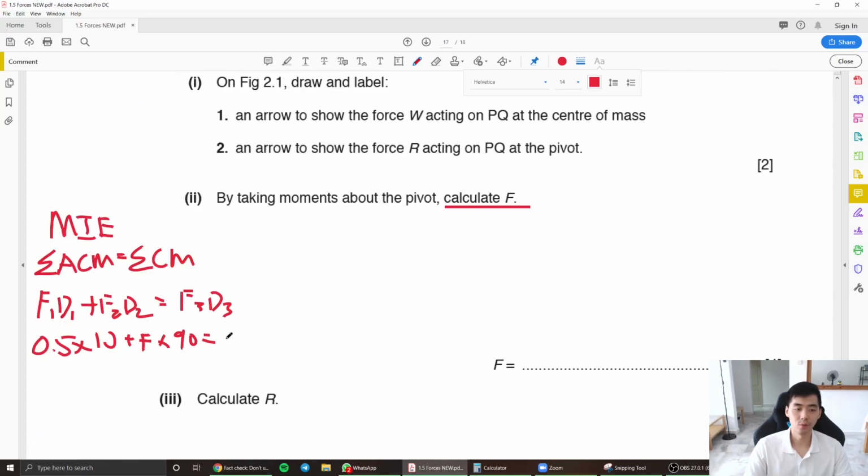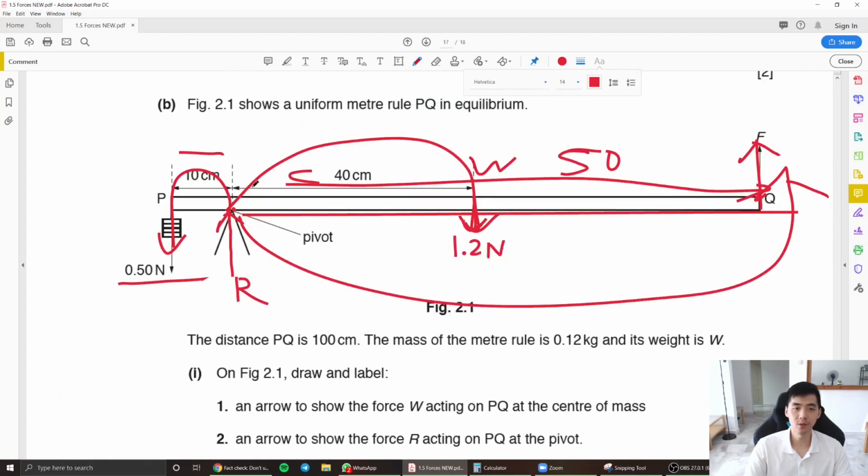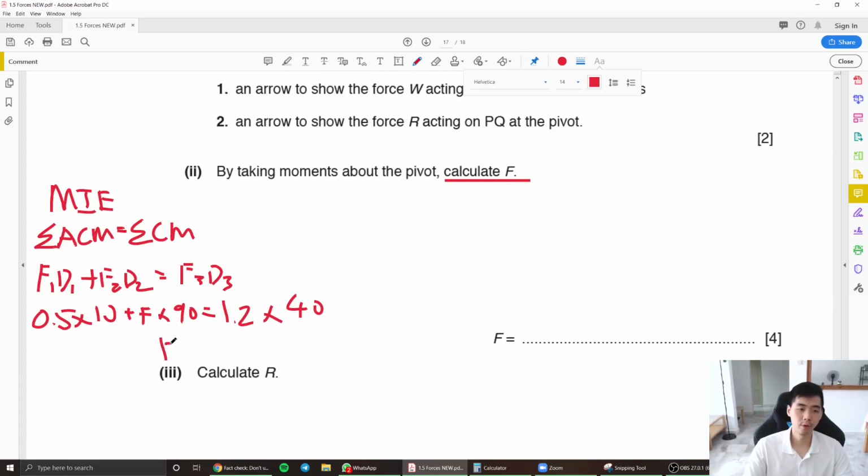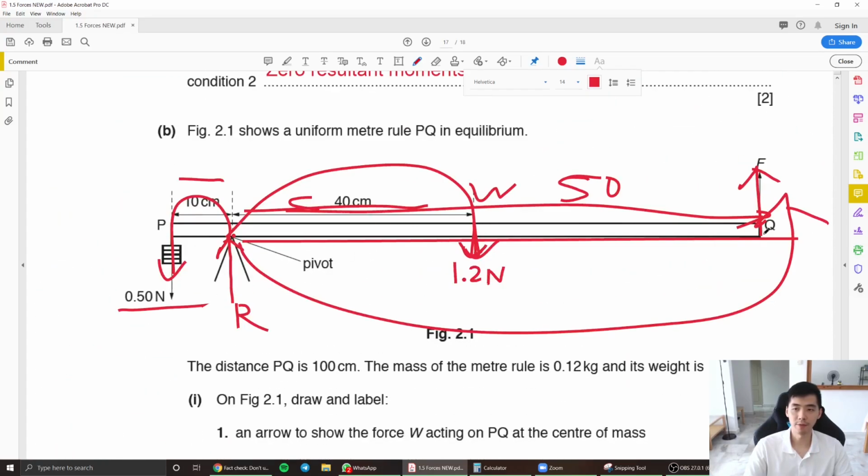Then it is equal to my F3, which is essentially 1.2 multiplied by the distance to the pivot, which is going to be 40 here. If I do algebra, 1.2 times 40 minus 0.5 times 10, divided by 90, I'll get the total force of 0.48 newtons. This F here will be 0.48 newtons.